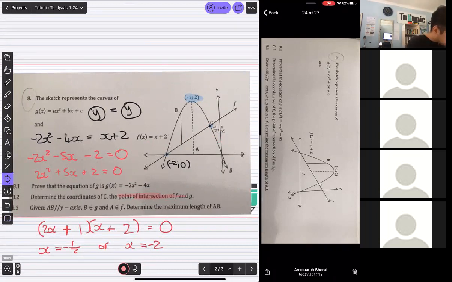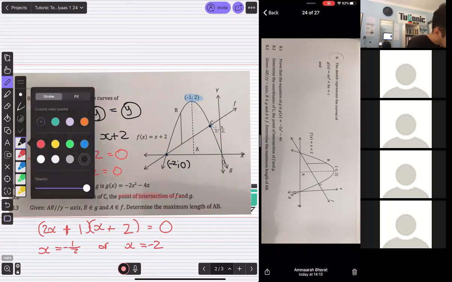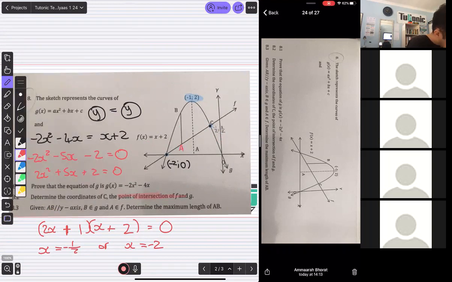Then the next question says, given that AB, that shouldn't be AB, A should be here actually. So let's just write it there. Let's just be fancy and erase that.